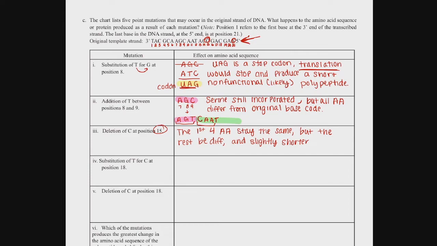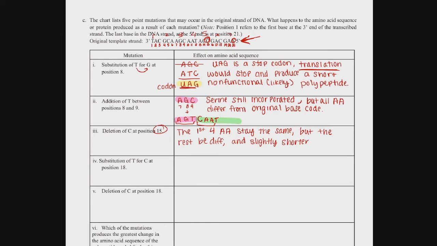Substitution of T for C at position 18. So we have 1, 2, 3, 4, 5, 6, 7.